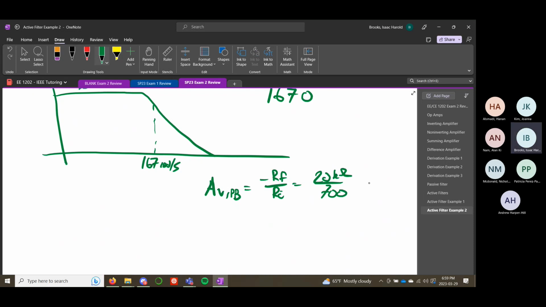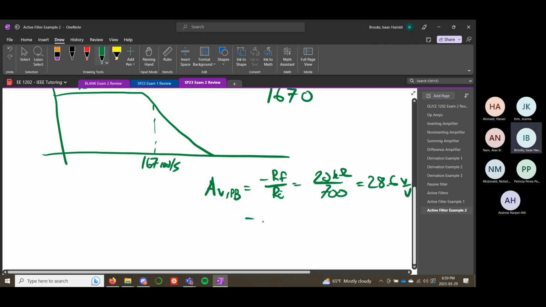And 20,000 over 700 is 28.6 volts per volt. We want to get that in decibels. We do 20 times the log base 10 of 28.6. Someone who has a better calculator than me can tell me what number that is? 29.12. Okay, so this is our gain.